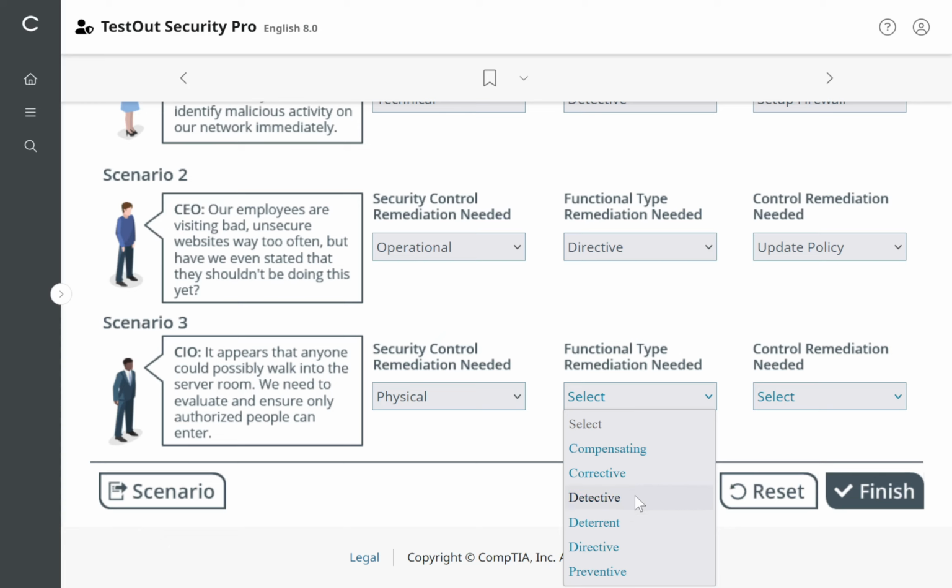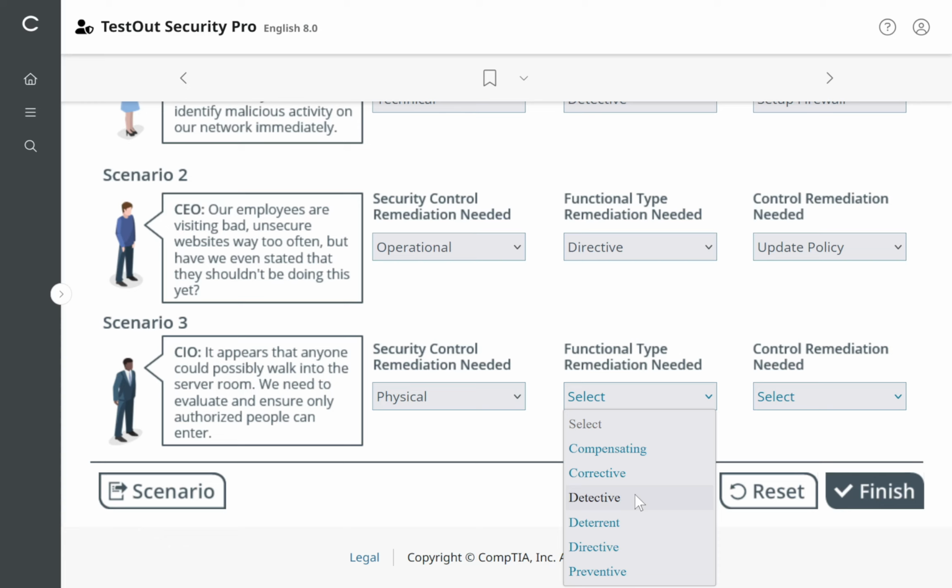So detective would not apply. Deterrent will discourage, but discouraging means someone has the option of not following the particular warning.